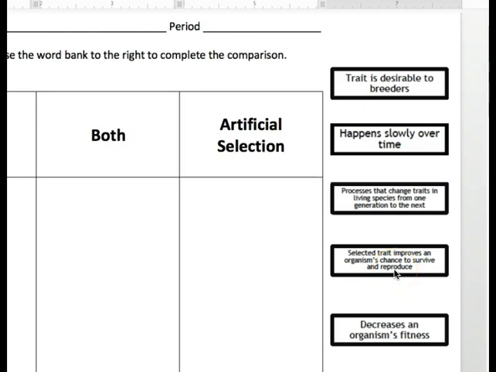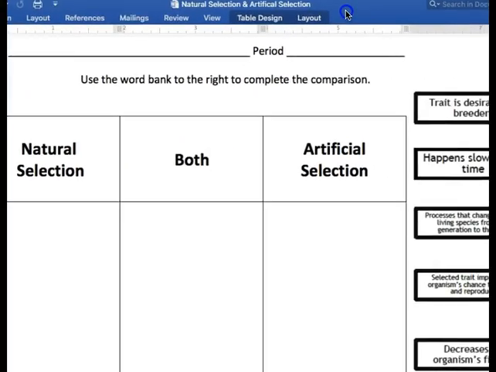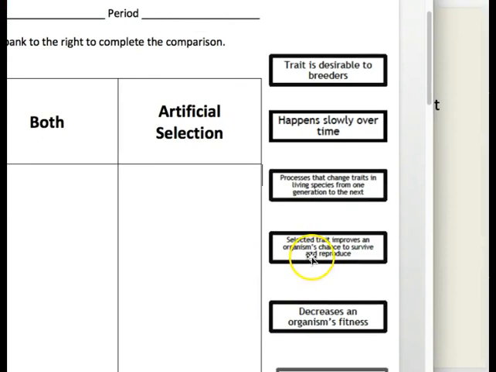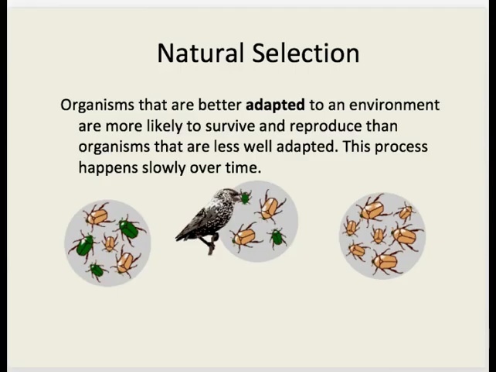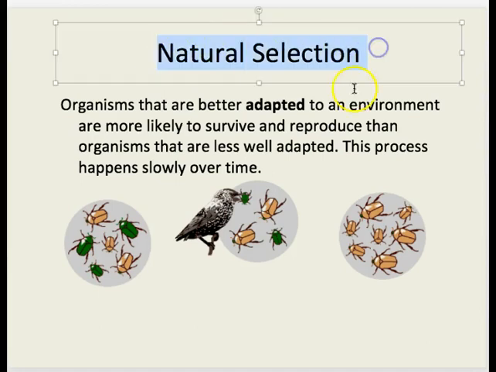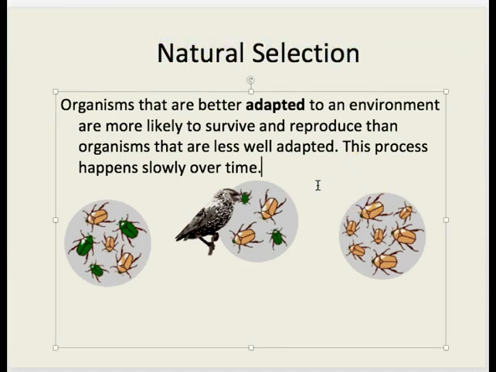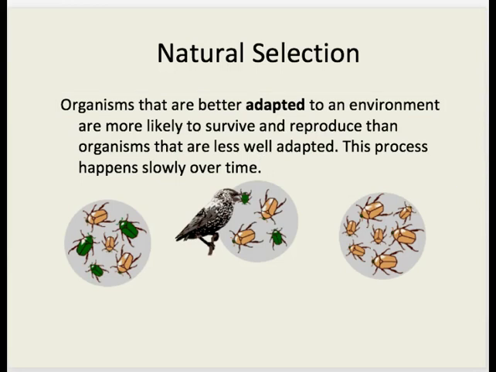So this time you need to put on the side underneath of the correct box, natural selection or artificial selection, selected trait improves an organism's chance to survive and reproduce. Now remember, I'm not giving you the answer, and you're going to need to figure that out for yourself. Which box is it going to go in? If you need more time, pause the video.